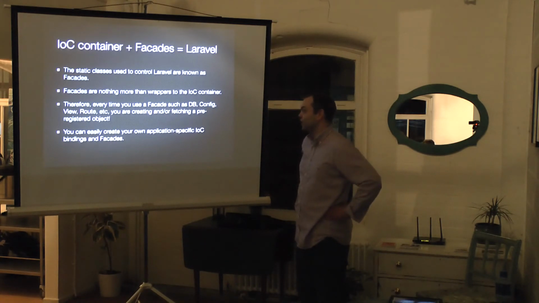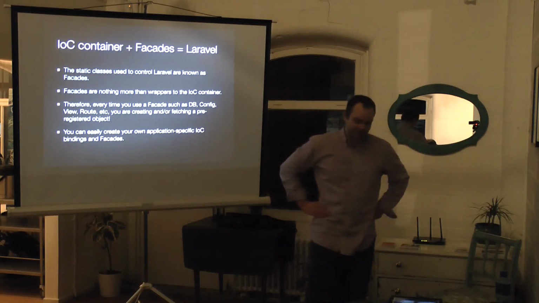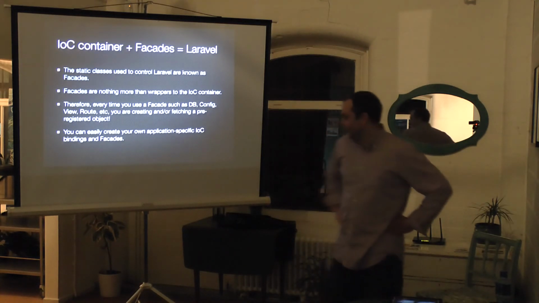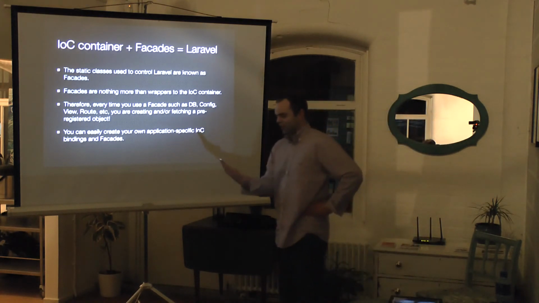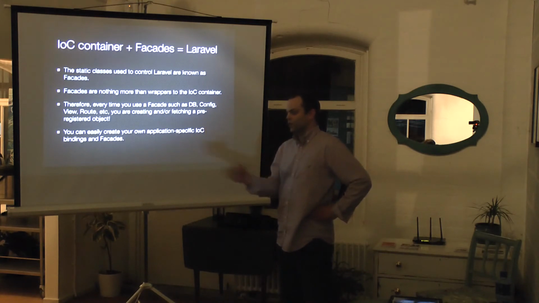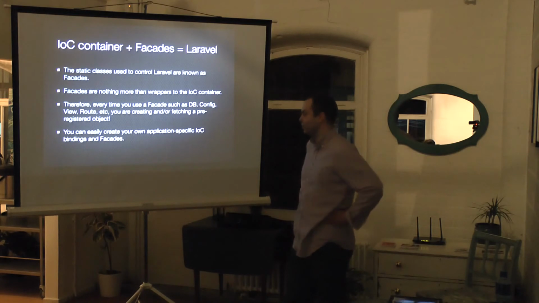You can easily create your own application-specific IOC bindings and facades as well. It's just the way to do things. It's a very, very slick interface, very easy. You can have a static class facade that you can use anywhere in your application and pass in any dependencies it needs from within the IOC container. Very, very clean solution.